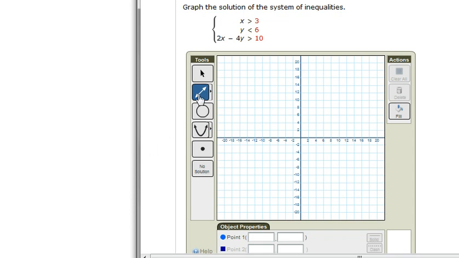For the line x equals 3, I will enter 3, 0 as one of the points. And arbitrarily, another point may be 3 and 10.